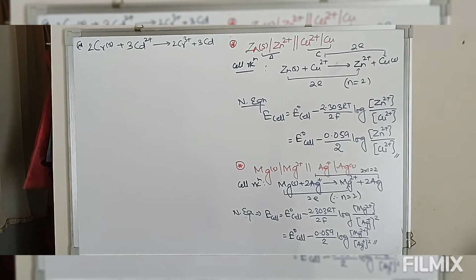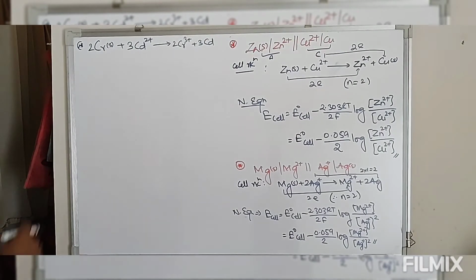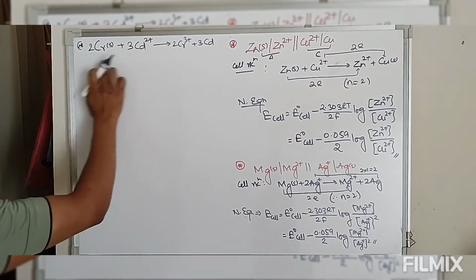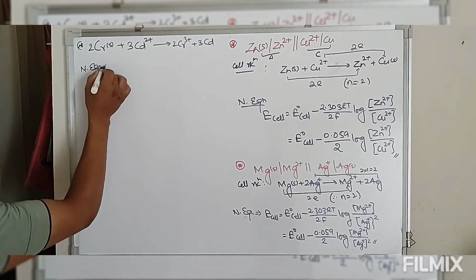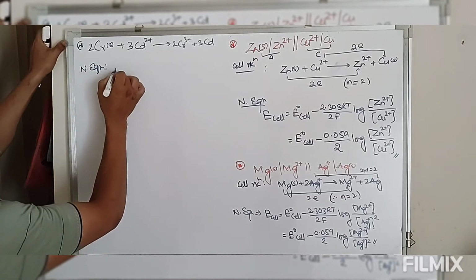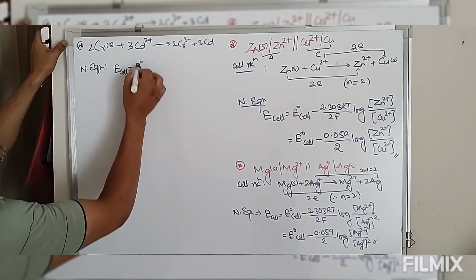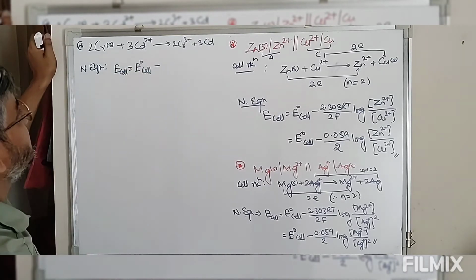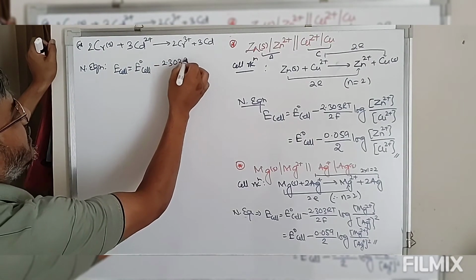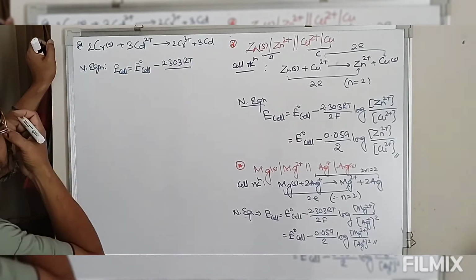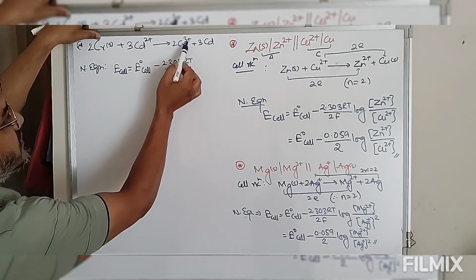Now let's try to write down the Nernst equation for this cell reaction. So we have a cell reaction. So the Nernst equation will be E cell equals E naught cell minus 2.303 RT by N. Now let's define N. So chromium is changing from 0 to plus 3.